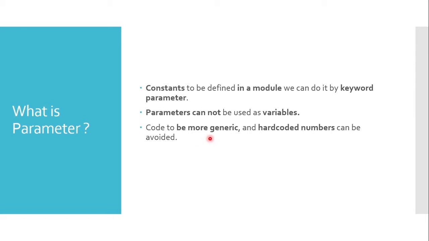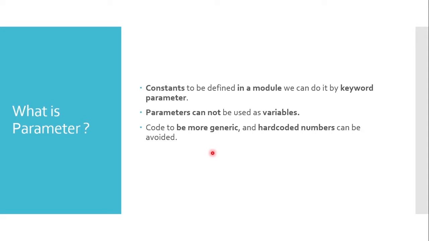For example, if I want to model a 4x1 multiplexer, then I can declare the input size equal to 4 by using parameter, and the select line size equal to 2.